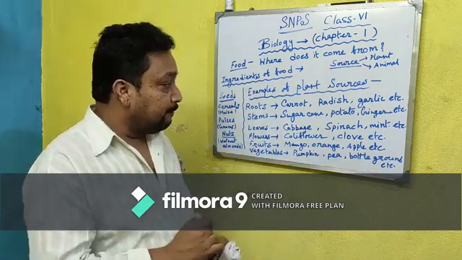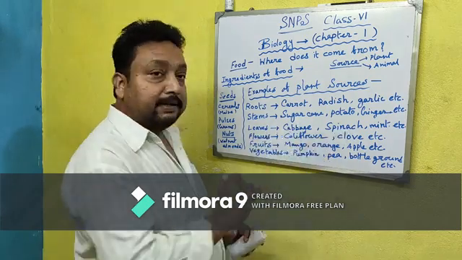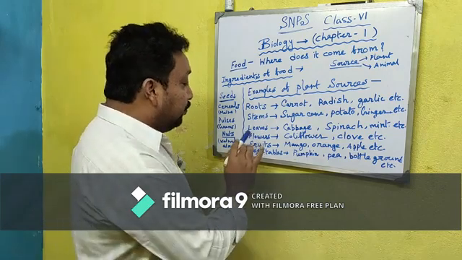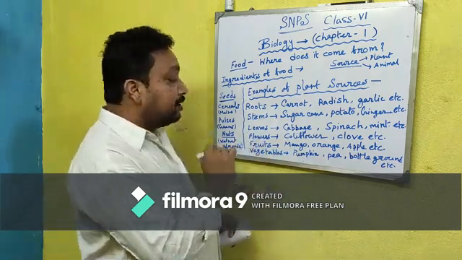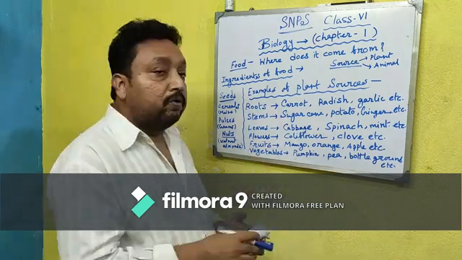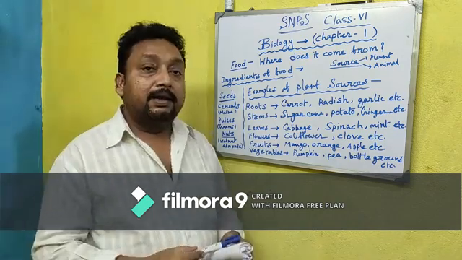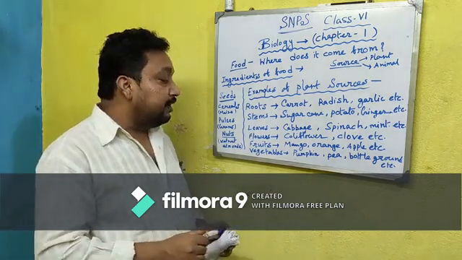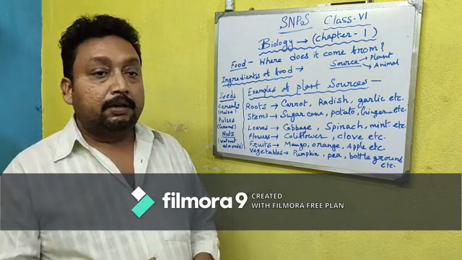Spinach is the leaves. Cauliflower and cloves are flowers. We all know fruits: mango, orange, apple, etc. We also get vegetables like pumpkin and pea.